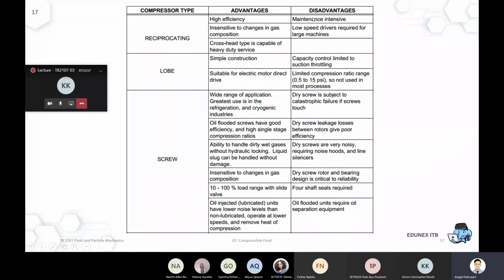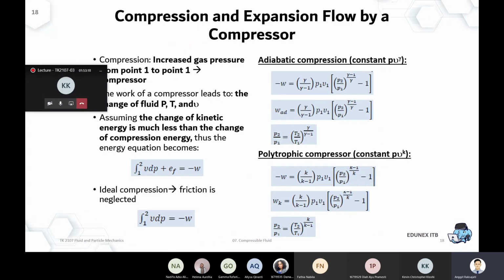High efficiency, maintenance intensive. It's less reliable than the centrifugal one. For the others, you just have to read this table to get the summary between the centrifugal versus the positive displacement.